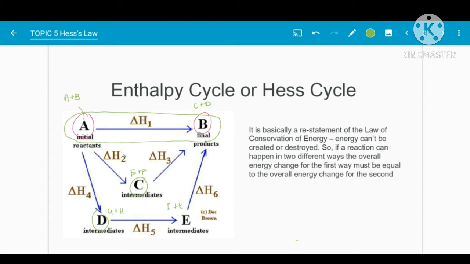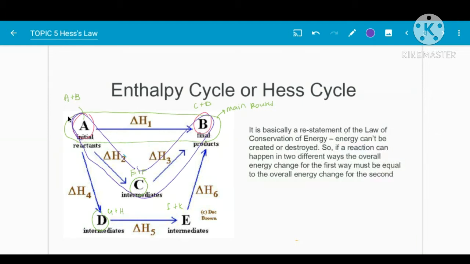What I'm trying to say is that this is called the main route, which is the main chemical reaction. Another chemical reaction path is the second route. The second route is a hidden chemical reaction, meaning that during the chemical reaction A to form the final product B, there are hidden chemical reactions before achieving the final product.